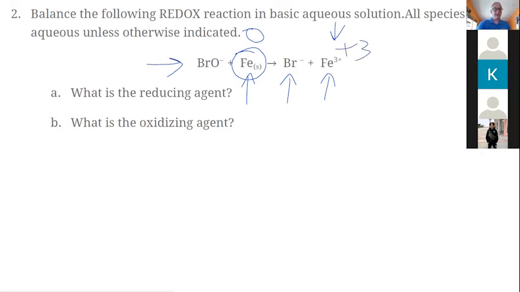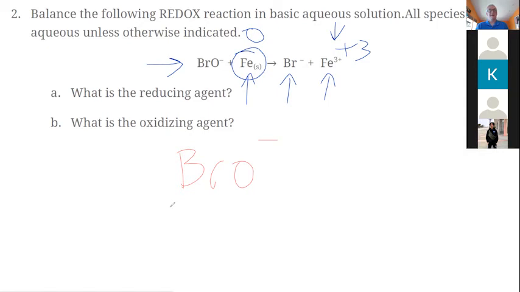Now let's look at the others. I've got my bromate ion. What is the oxidation number of bromine here? +1. Ooh, how'd you figure that out though?